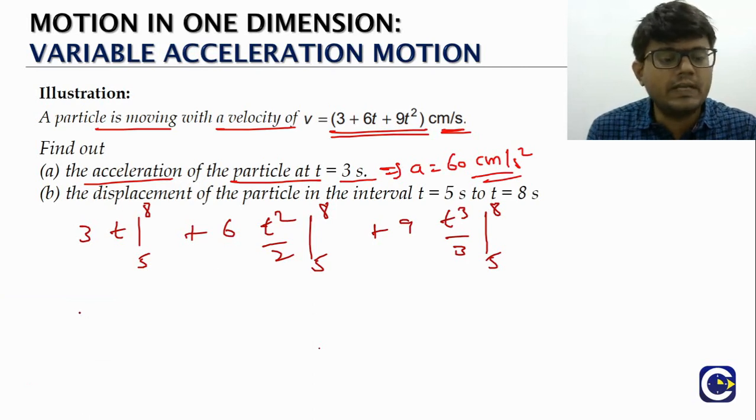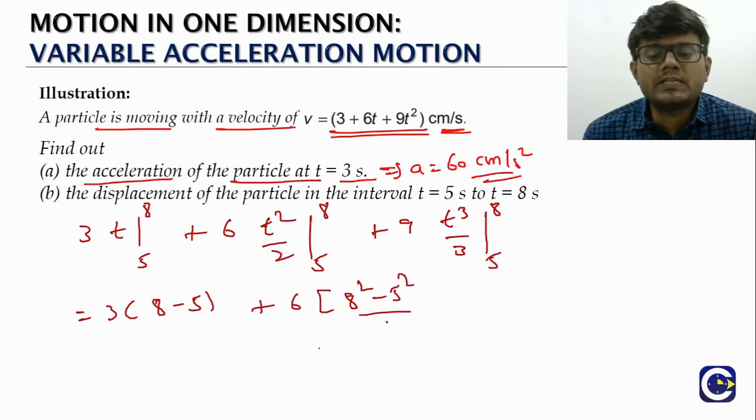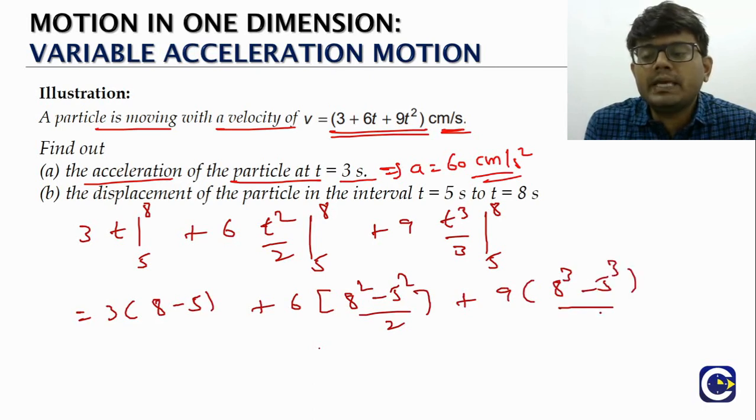So look at this, what we'll have? 3 into final limit value, 8 minus 5, plus 6 into 8 square minus 5 square by 2, plus 9 into 8 cube minus 5 cube by 3.